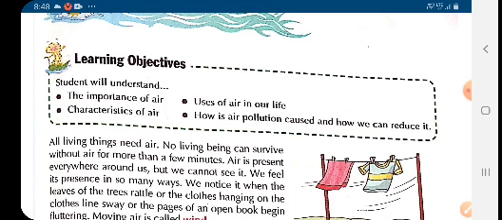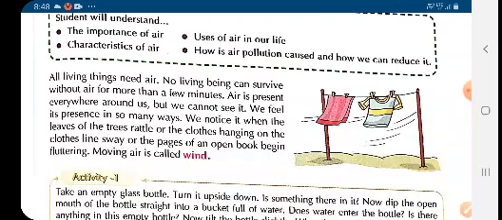Children, what is air? Air is something without which we cannot live. Air has no color or odor.